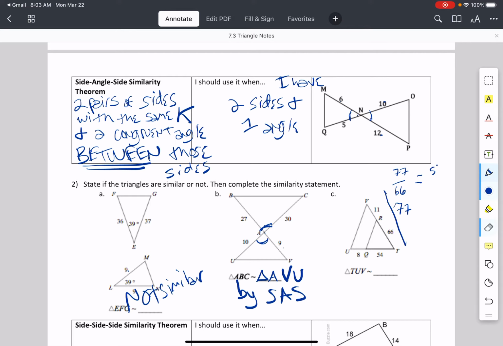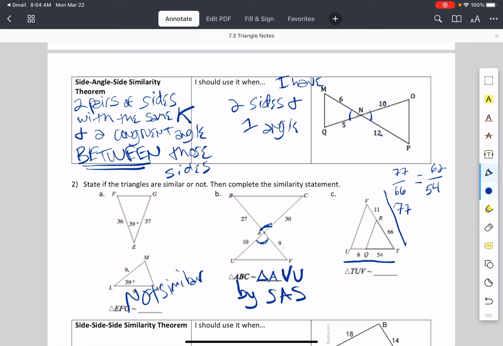No, not 54. What number? Where'd you get 62, Oliver? Good, because I need the whole side for the big triangle. Someone with a calculator do 77 over 66 for me. 1.166. Okay.